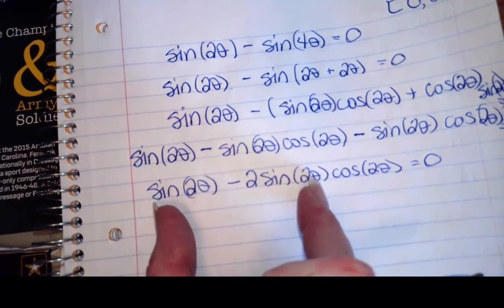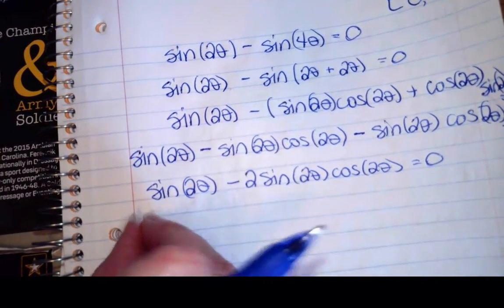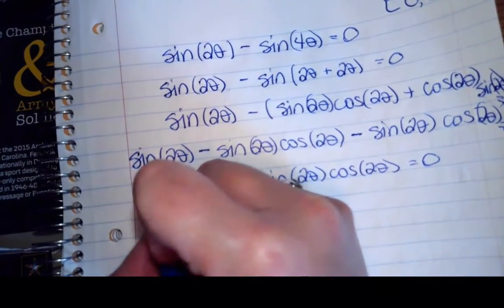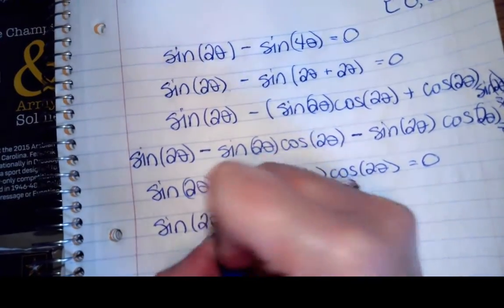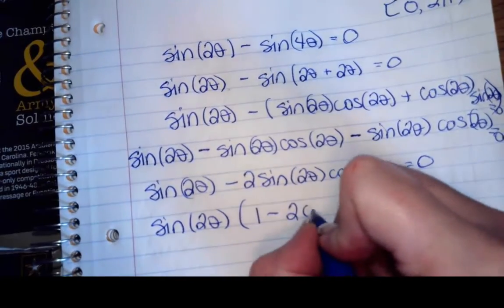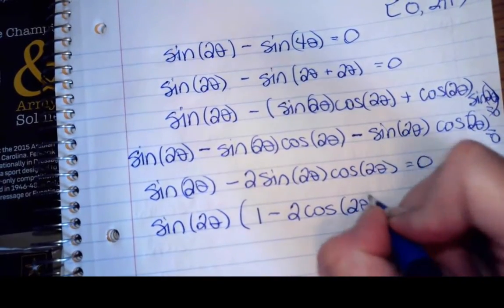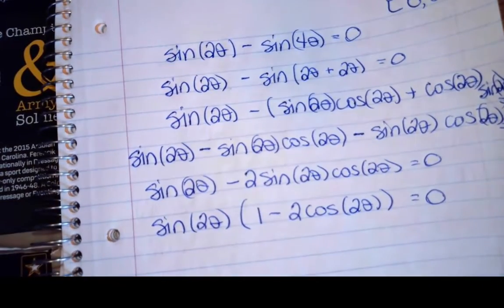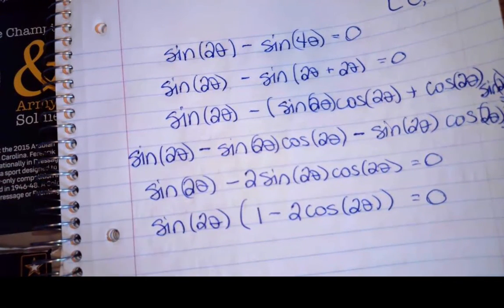Okay, I can factor out a sine 2 theta from here. So I'm going to factor out sine 2 theta, and that's going to leave me with 1 minus 2 cosine 2 theta is 0.